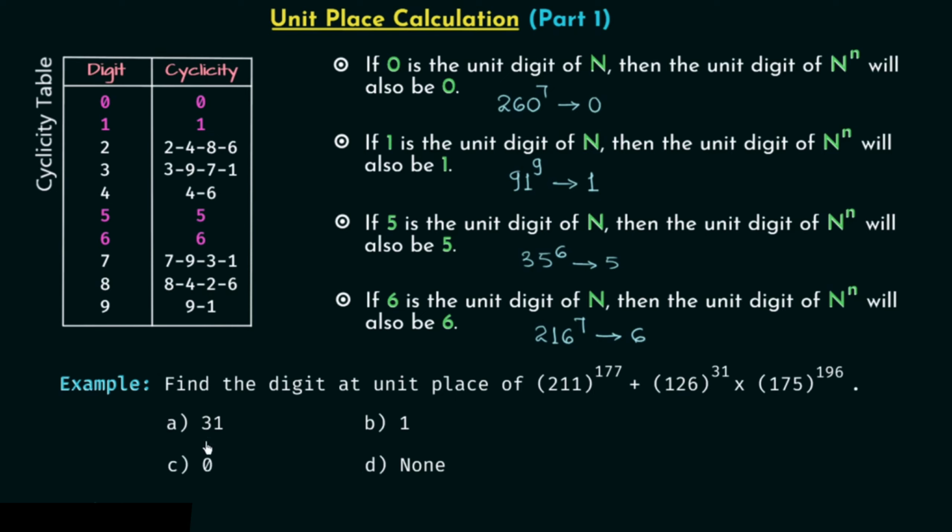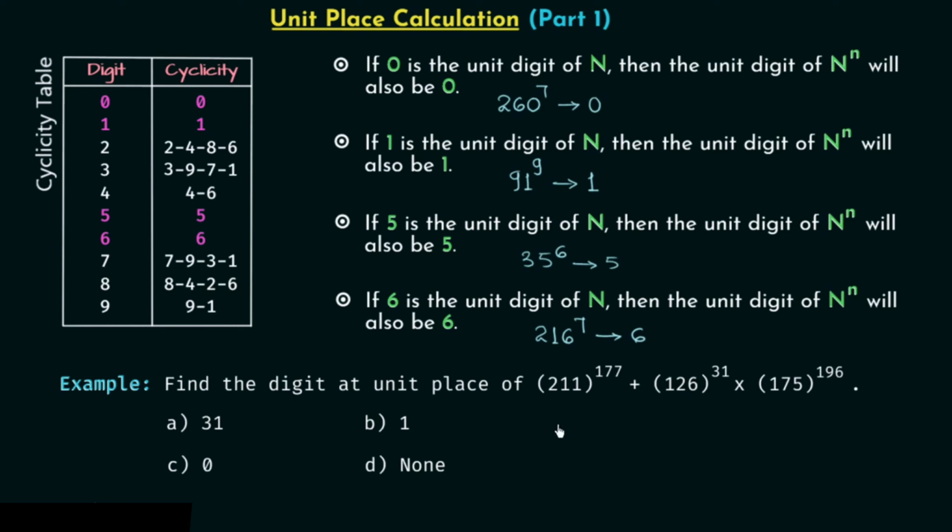Option A is 31, option B is 1, option C is 0, and the last option, option D, is none. We are required to find out the digit at unit place when these two powers are multiplied and then the result is added to this power. We do not want to literally perform this calculation. Instead, we want to use the rules we just discussed.